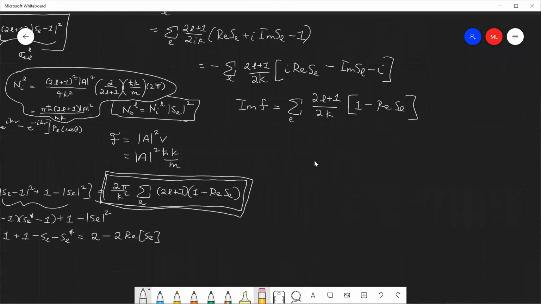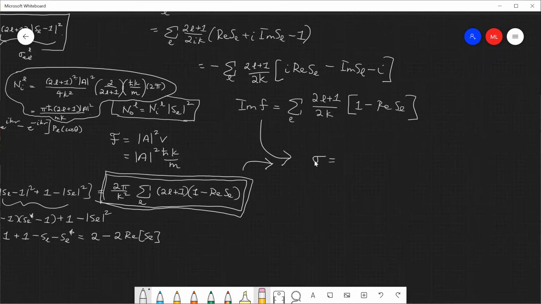And if we compare these two things, if we look at the expression we got for the total scattering cross section, we see that it must be related to the imaginary part of f.